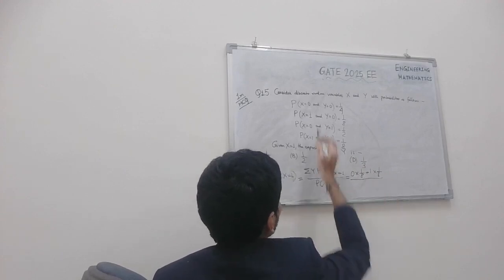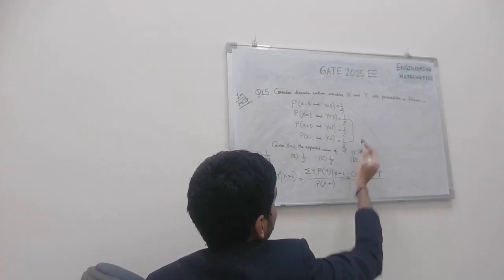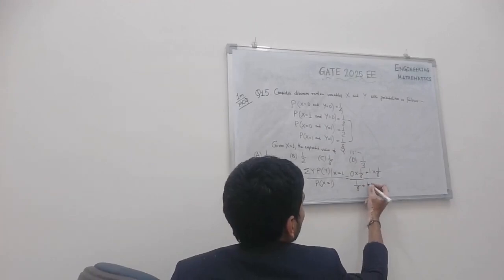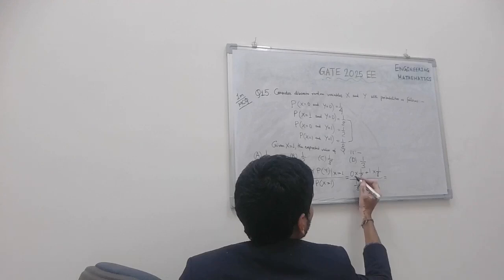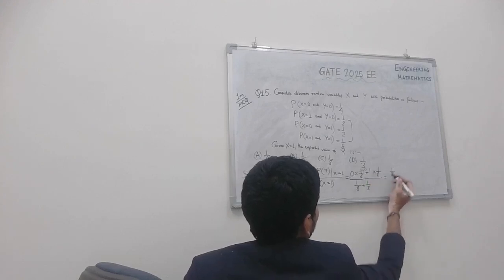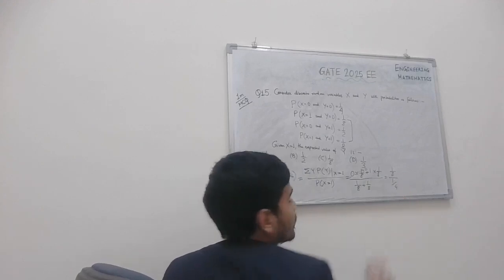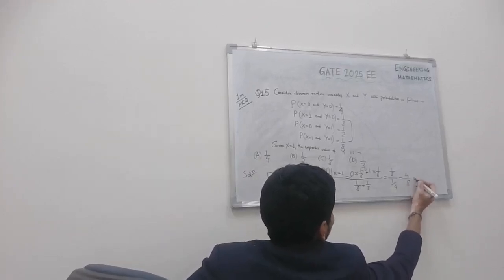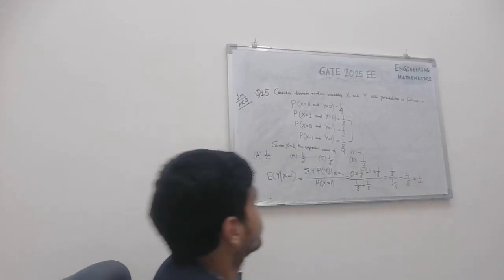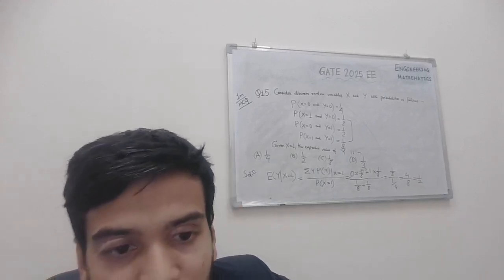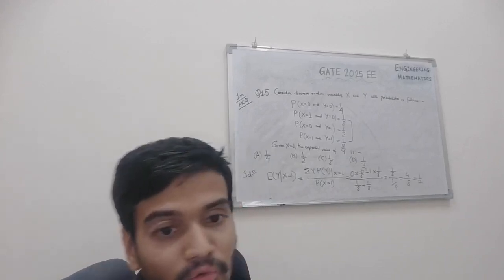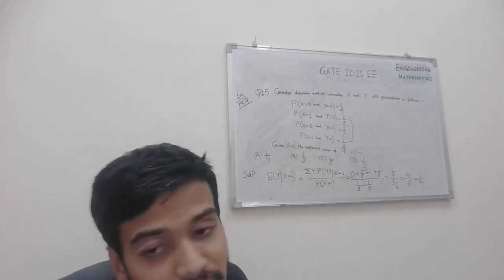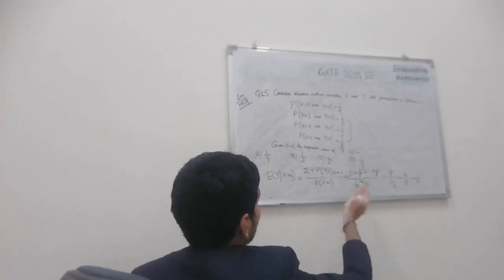The total probability of x equal to 1 is the sum of probabilities, 1 by 8 plus 1 by 8, which gives 1 by 4. Then 1 by 8 divided by 1 by 4 gives 4 by 8. So the correct answer of the question is basically half, the expected value of y given that x equal to 1. The correct answer is option B.